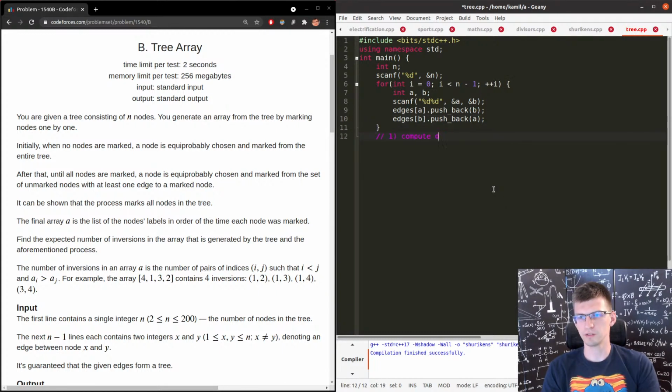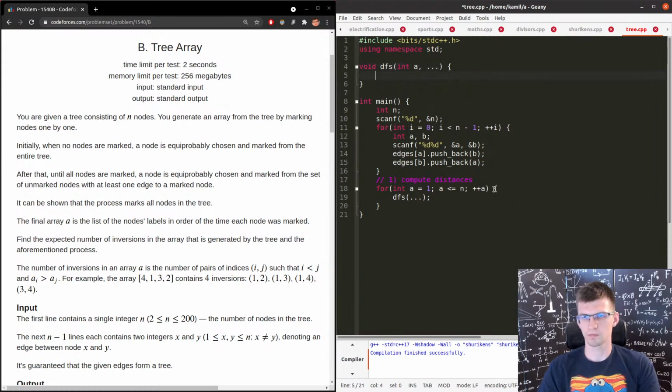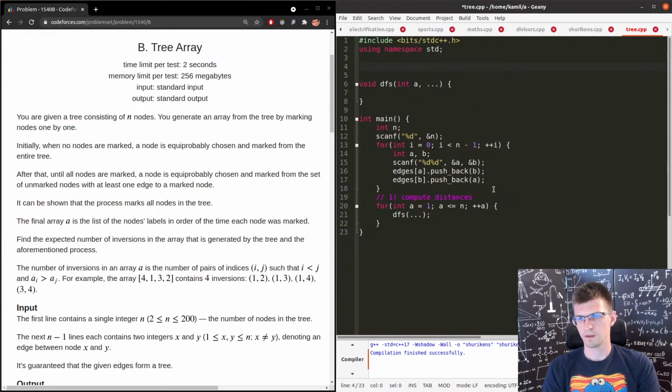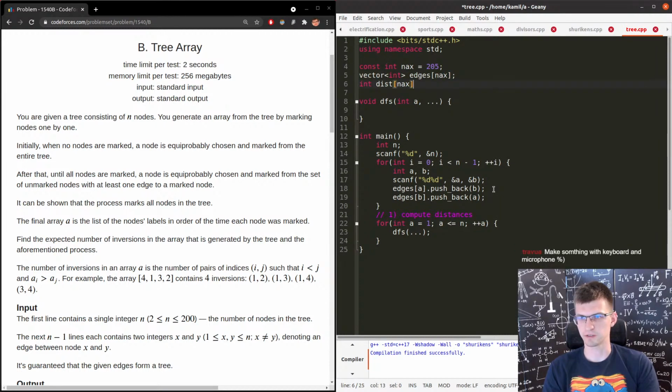Step 1. Compute distances. For every starting node, we run some kind of DFS. For convenience, when I deal with trees and there are no test cases, I actually like global arrays. It's very easy to create them, and sometimes we have a bunch of them.